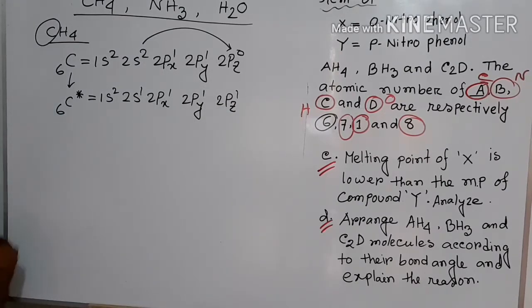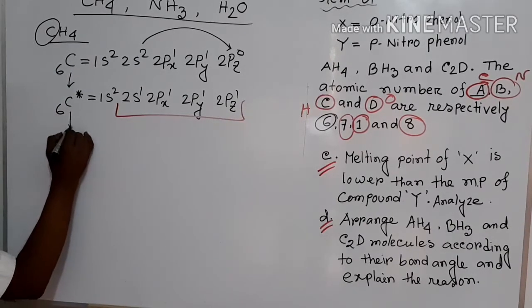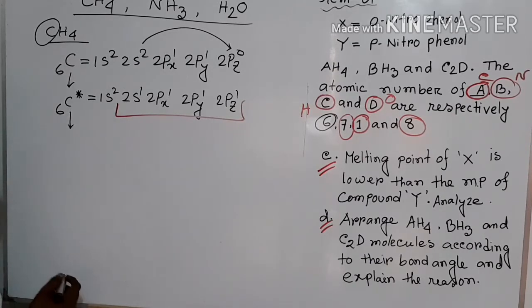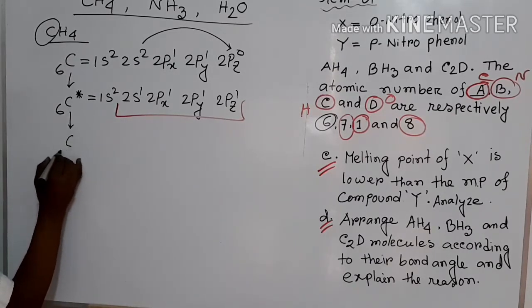Here, one s and three p orbitals mix with one another and form four identical sp3 hybrid orbitals.